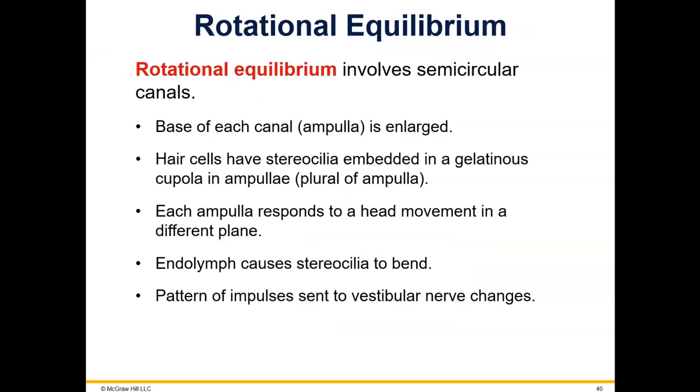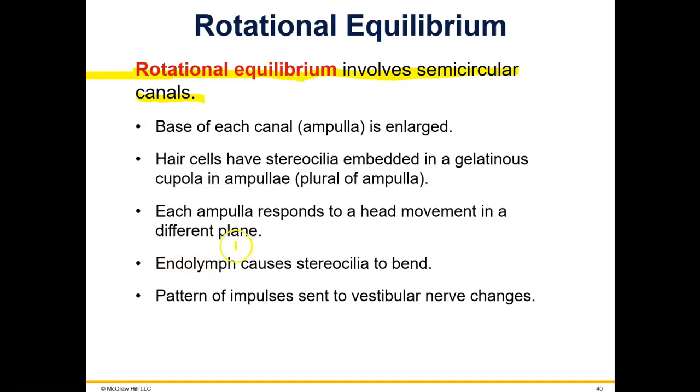Okay, so forget that. Just in humans, we have what's called rotational equilibrium, which involves the semicircular canals. Our hair cells have stereocilia embedded in a gelatinous cupola in the ampulla. Basically there's this gelatinous fluid, and the stereocilia from the hair cells are embedded in this gelatinous fluid within the base of those semicircular canals.